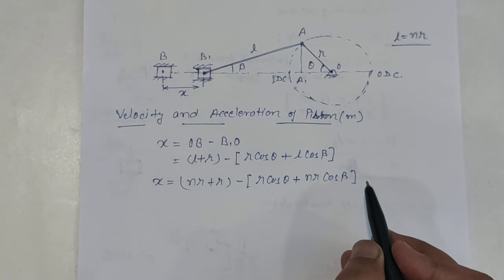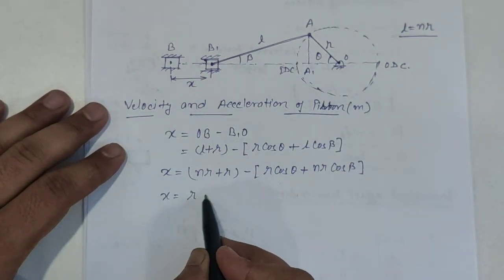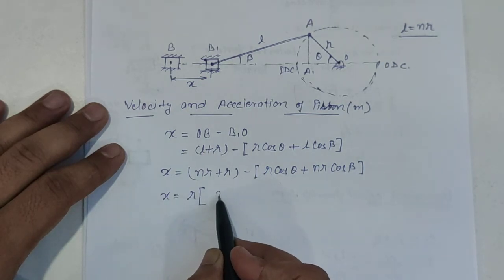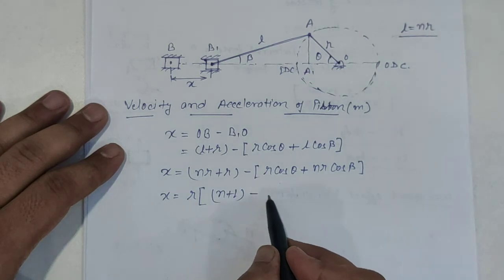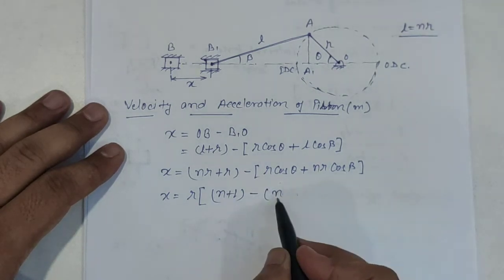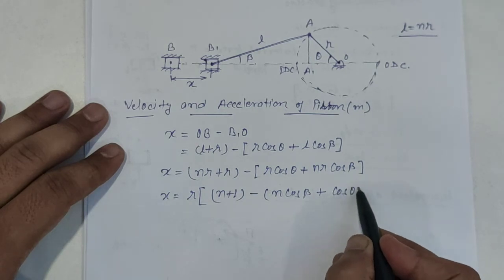From here we are taking r common, we will have n plus 1 minus n cos beta plus cos theta.